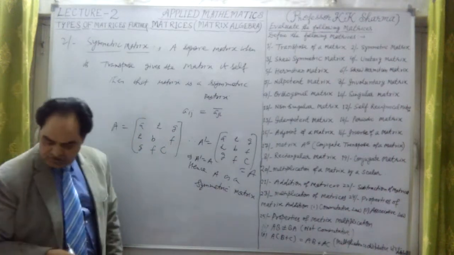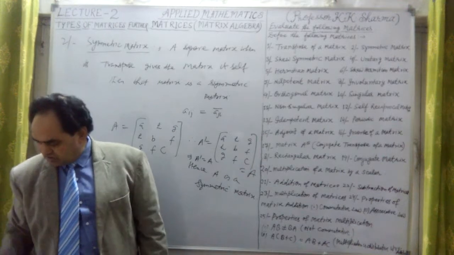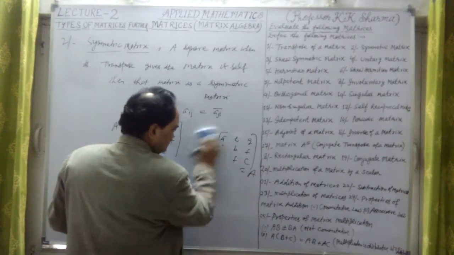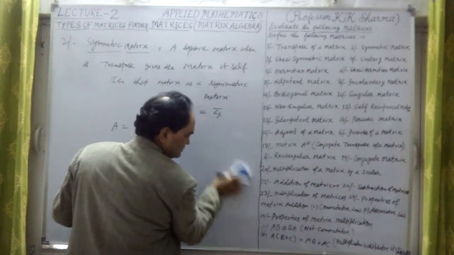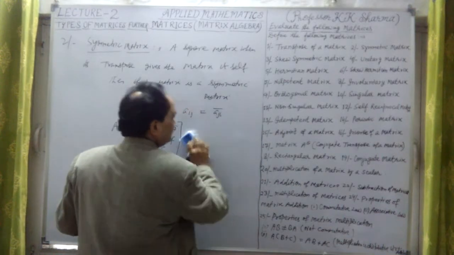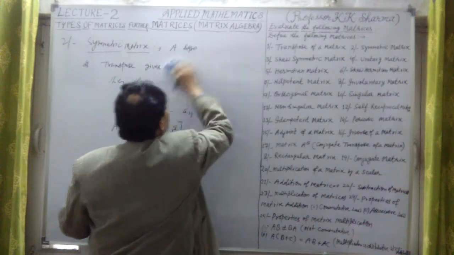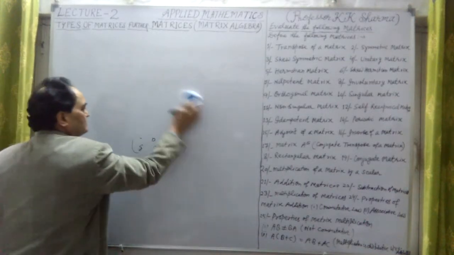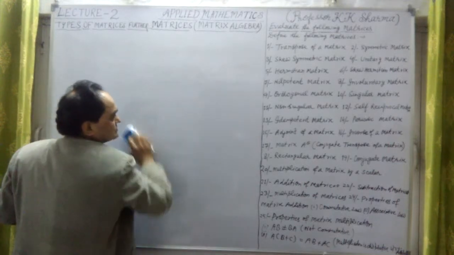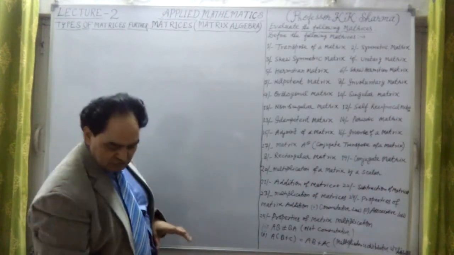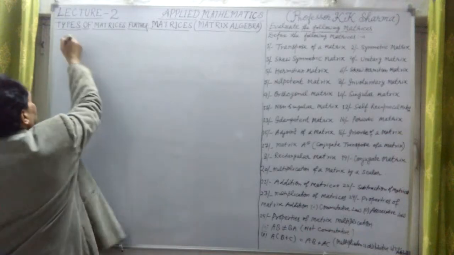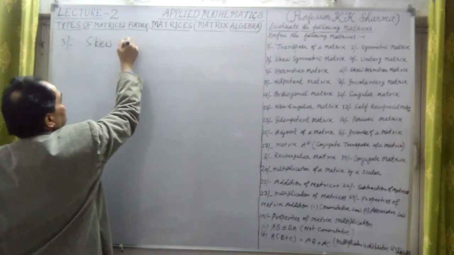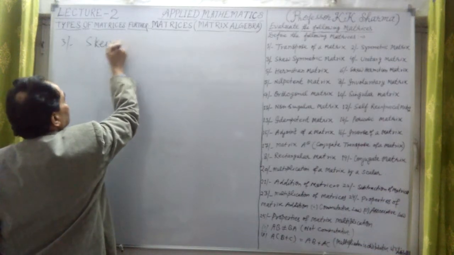Now, the third one. What is a skew symmetric matrix? Whenever the word skew comes, we put a negative sign before that matrix. If it is a skew matrix, it will give us the negative of that matrix. The third one is the skew symmetric matrix.